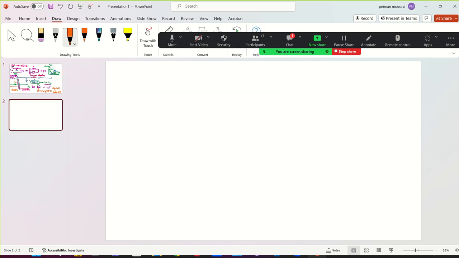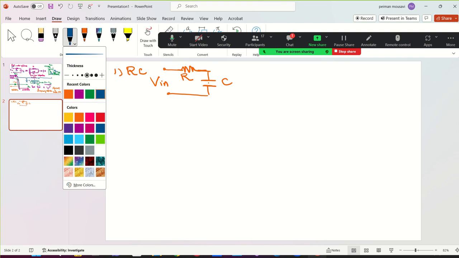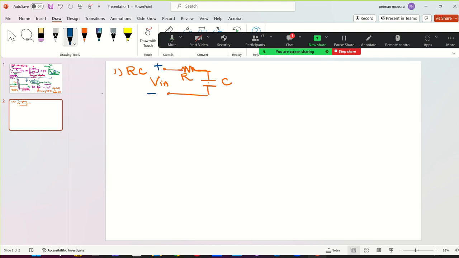Okay. So, for the RC circuit that we were talking about, I'm just again plotting here. In RC, from high school, you know that input voltage is equal to voltage of the resistor plus voltage of the capacitor, voltage across the resistor, VR, and voltage across the capacitor, VC.